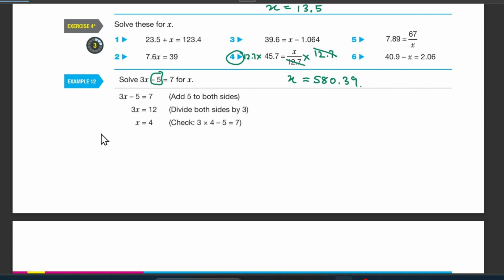So I add 5 to both sides. That's the first thing. So these two cancel out. Now I have 3x equals 12. So then the second thing we have to do is divide both sides by 3. Now we get the answer x equals 4.